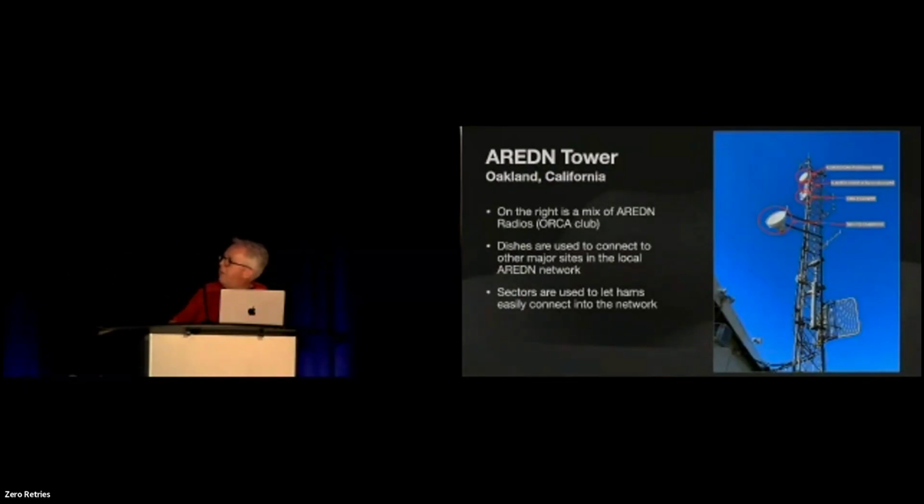And so up there they have connections across the bay to where Twin Peaks is, where Sutro Tower is. They have some sectors that the local hams down, because this is up high, you can see down into the Berkeley, the Oakland area, and so hams can connect up to the sectors. And then this connects to another tower a little further down the ridge line.